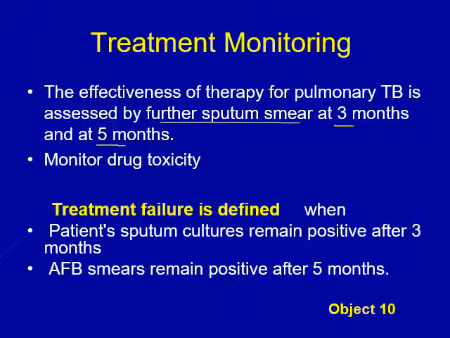Treatment failure. The patient may develop treatment failure. What is treatment failure? Treatment failure is when the patient's sputum culture remains positive after 3 months, or the AFB smear stain is positive after 5 months.